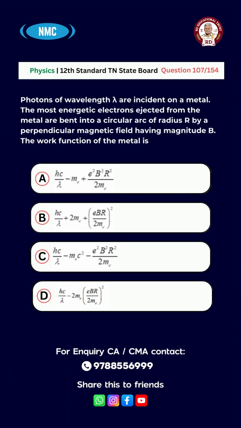C hc/lambda minus mec² minus e²B²r²/2me. D hc/lambda minus 2me into eBr/2me the whole square. Right answer is option D: hc/lambda minus 2me (eBr/2me) the whole square.